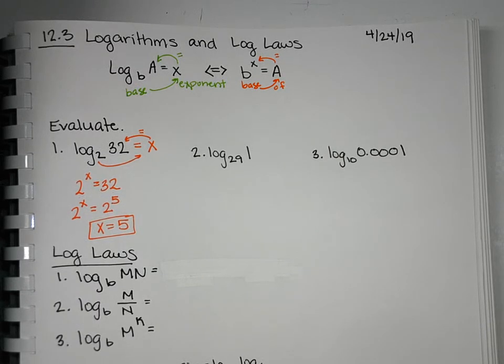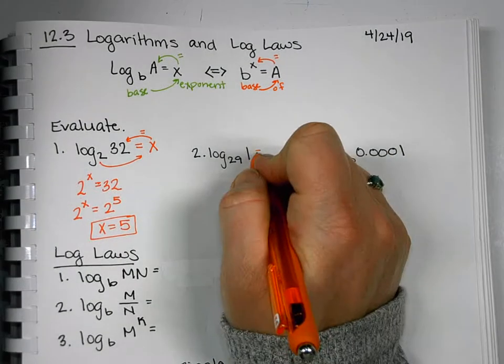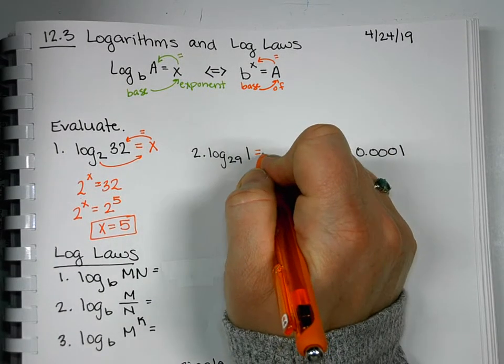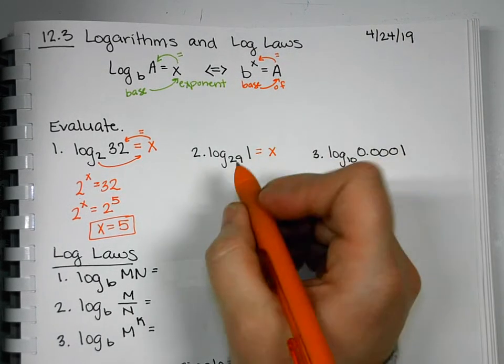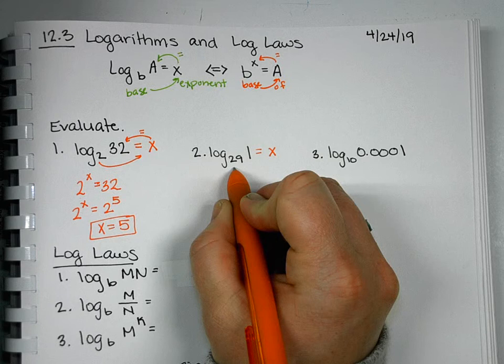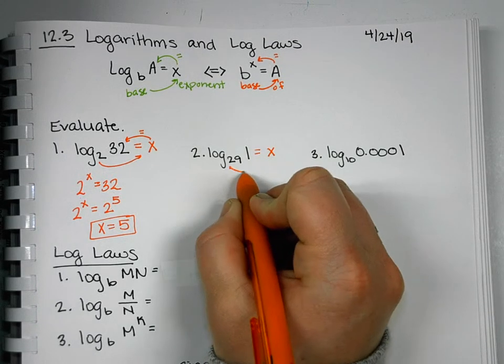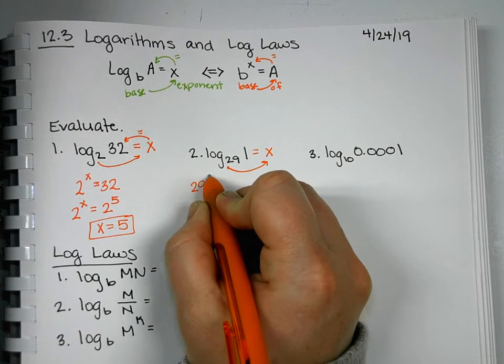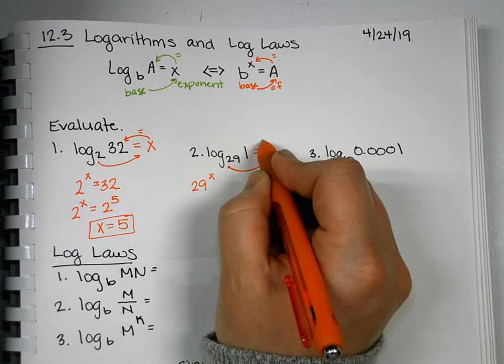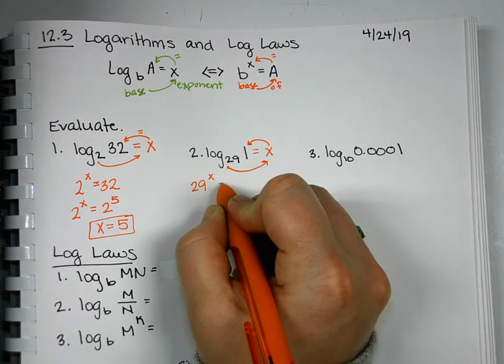Okay, so then let's look at number 2. We're going to start it the same way. We know that log base 29 of 1 has to equal something. And then I'm going to write it in exponential form. So I have my base to the power of x, so 29 to the power of x equals 1.